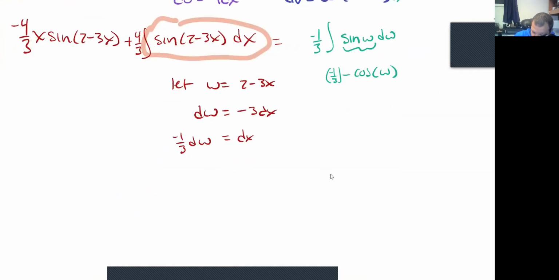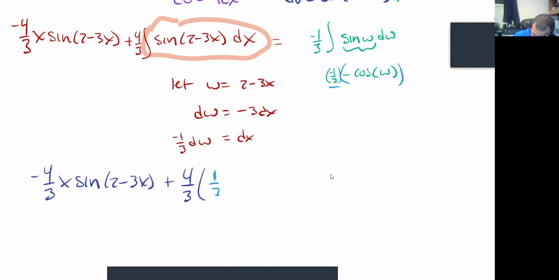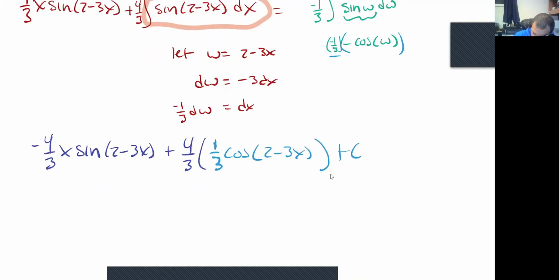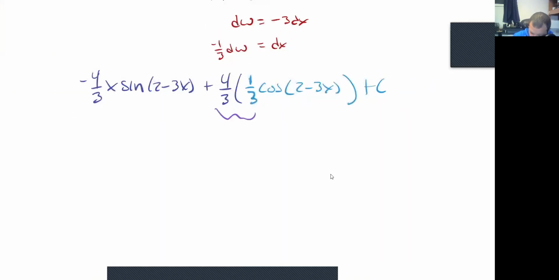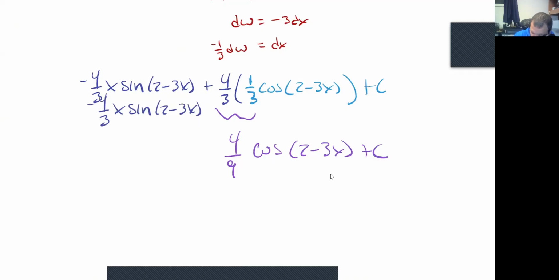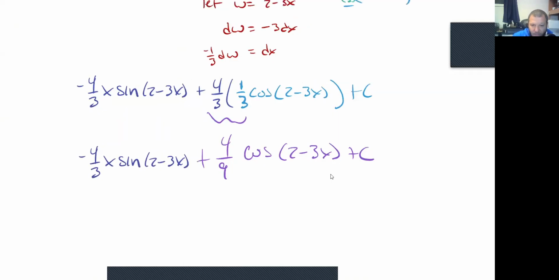So that means that when we put everything together, we're going to get negative 4/3 x sine of 2 minus 3x plus 4/3 times negative 1/3 times negative cosine, which is positive 1/3 cosine of 2 minus 3x plus a constant. And we can just take these two fractions, multiply them together to get 4/9 cosine 2 minus 3x plus a constant with this term out front. That's our antiderivative.